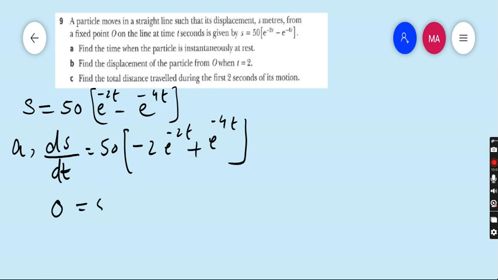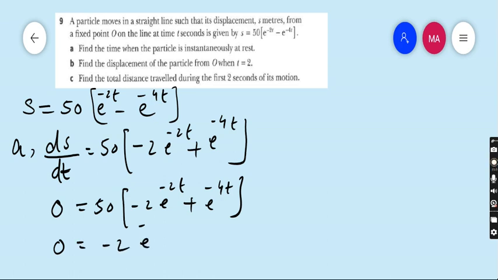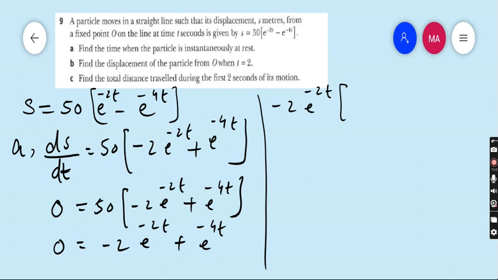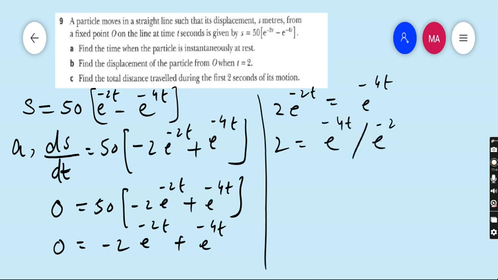So 0 is equal to 50 into minus 2e minus 2t plus e power minus 4t. 50 divided by 0 is 0, so 0 is equal to minus 2e minus 2t plus e power minus 4t. The easier way is to shift this minus 2 e power minus 2t over here, so 2 is equal to e power minus 4t divided by e power minus 2t, which is e power minus 2t.